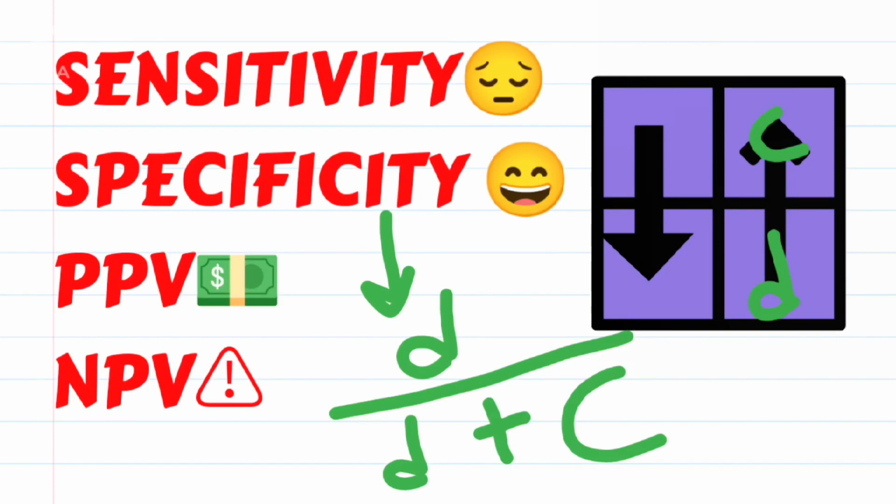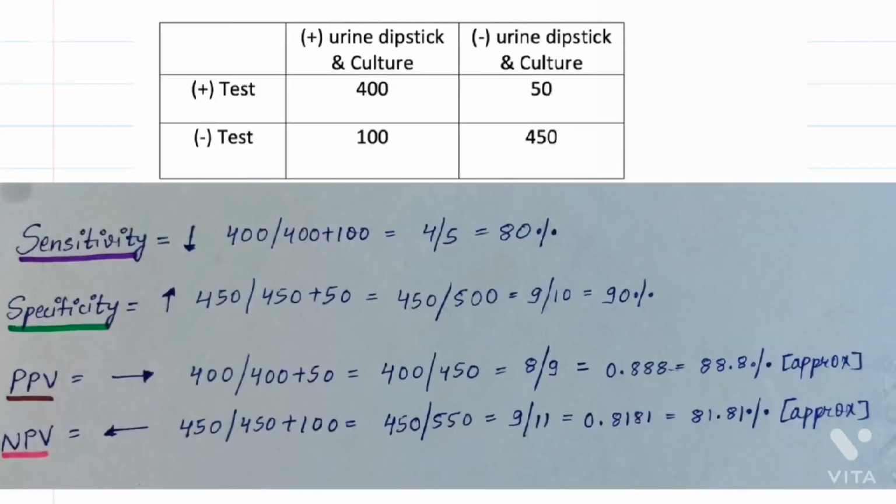So formula of specificity will be D upon D plus C. Now let's put the values of D and C. So specificity pointing arrow upwards, and in this question our D is 450 and C is 50. So 450 upon 450 plus 50. So our specificity comes out to be 90%.